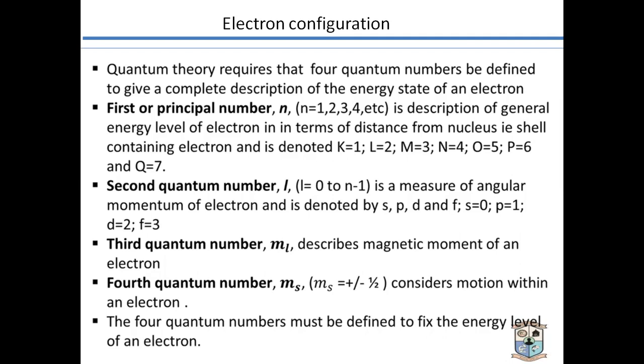With n, the description of the general energy level of the electron is in terms of distance from the nucleus, that is, the shell containing the electron, and is denoted as K (1), L (2), M (3), N (4), O (5), P (6), and Q (7).